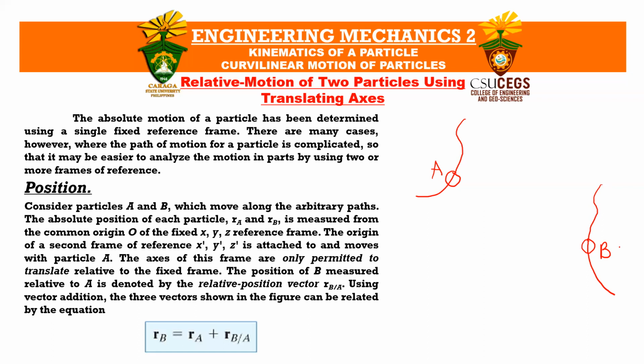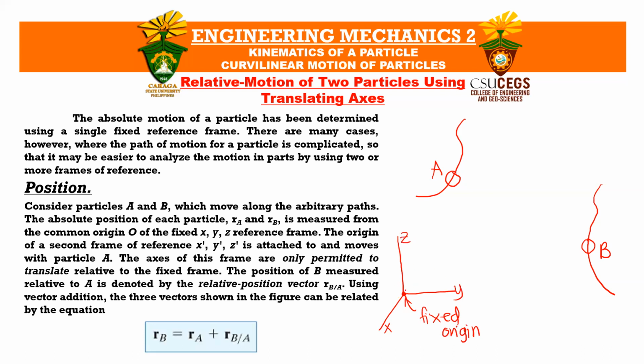For us to determine the vectors rA and rB, let us define the fixed reference frame. Let us say this is your fixed reference frame, or in layman's terms, your fixed origin. From that, this is your XYZ reference frame.